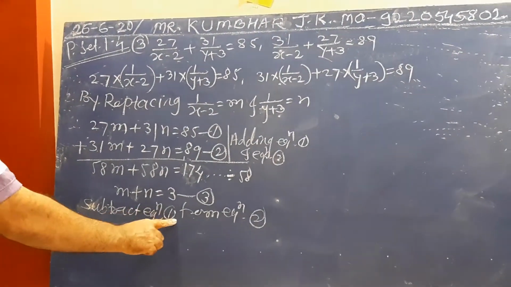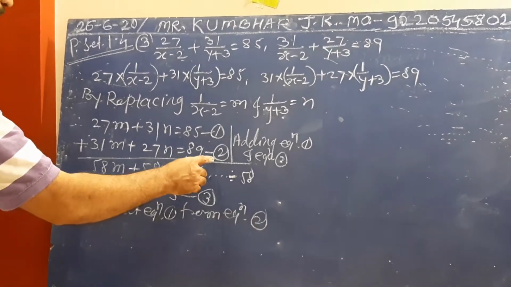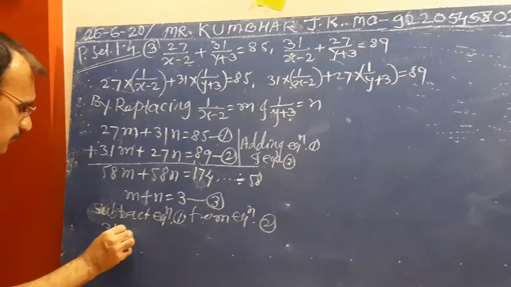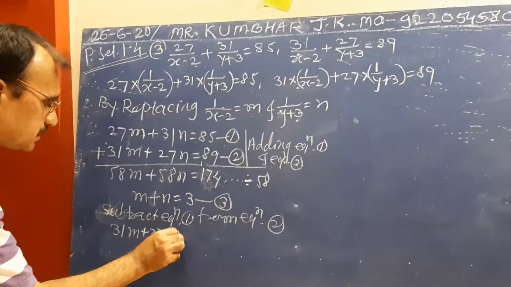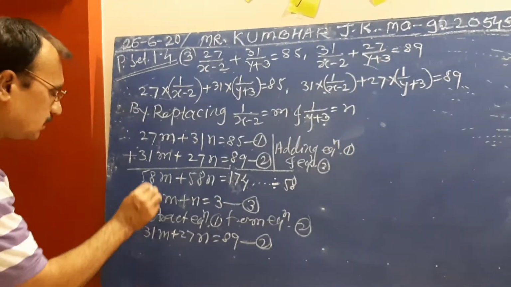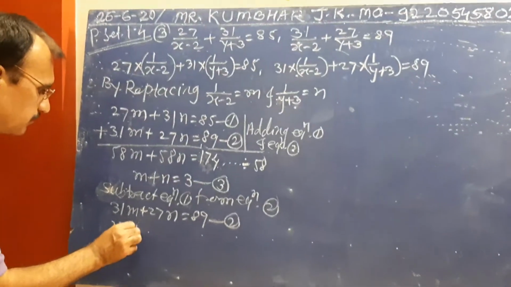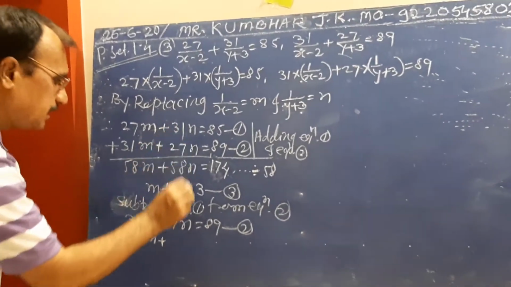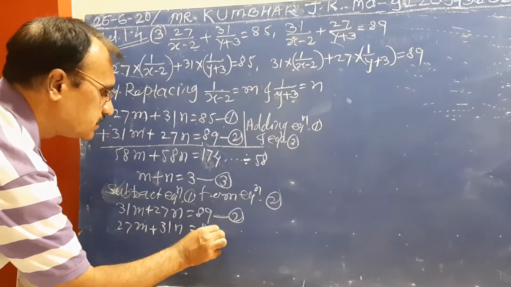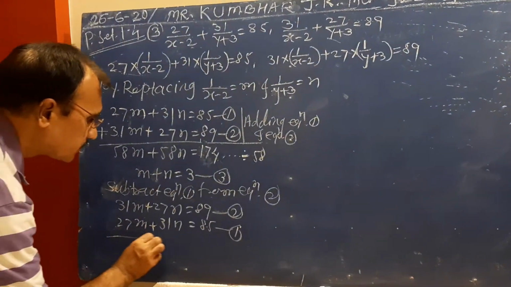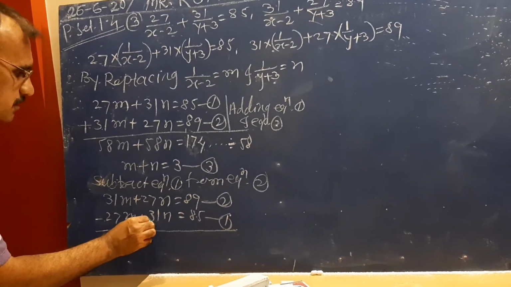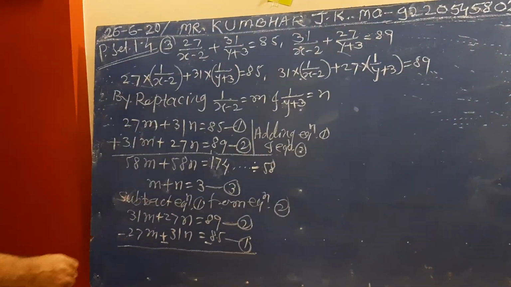Subtract equation 1 from equation 2 means write the second equation first: 31m plus 27n is equal to 89 is equation number 2. Then 27m plus 31n is equal to 85 is equation number 1. Plus becomes minus, and plus becomes minus.